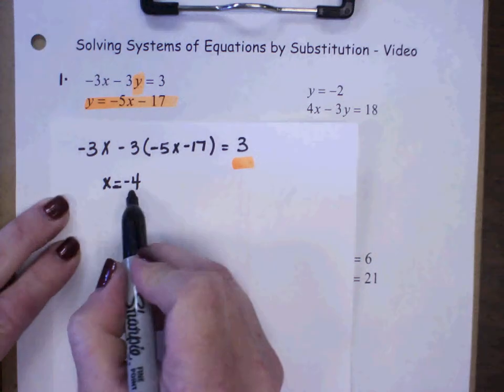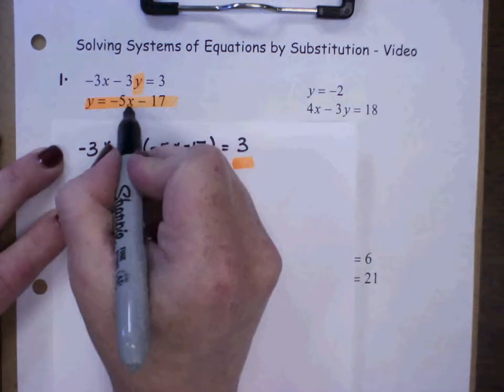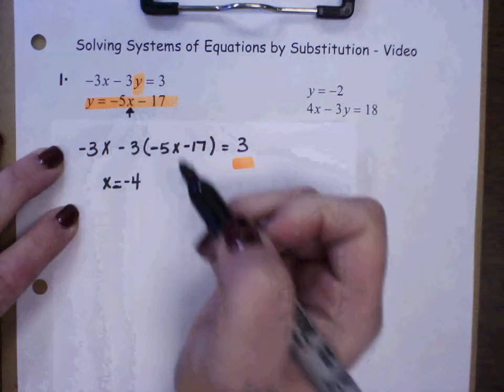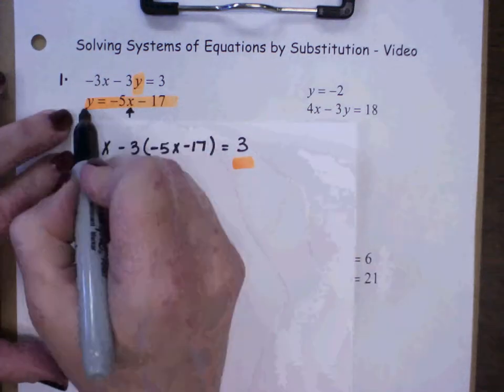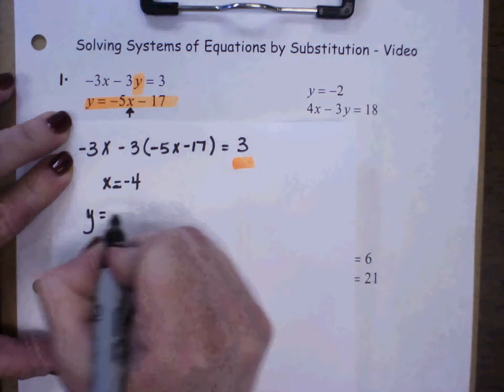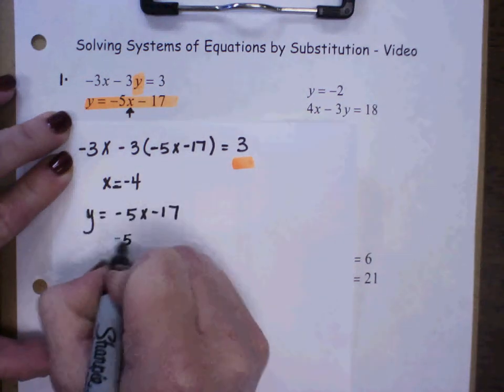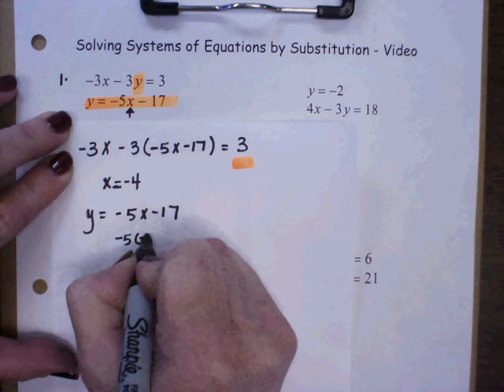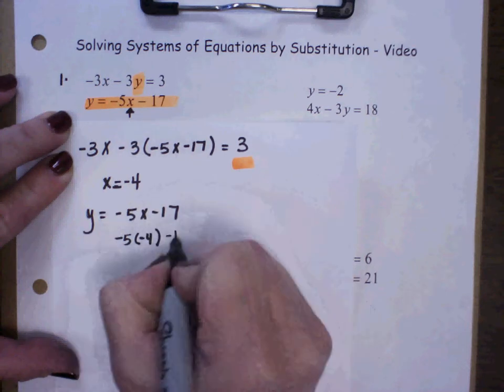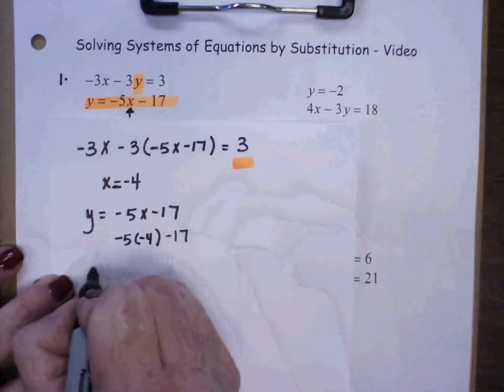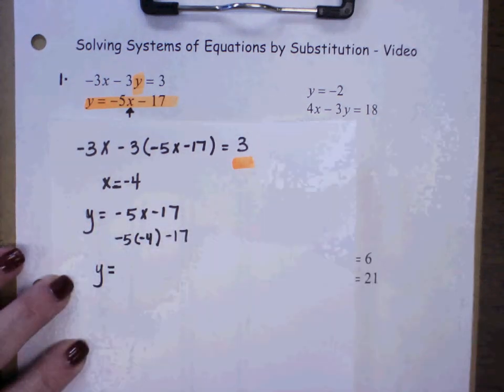Now to figure out the value of y, I'm going to come over here and plug in that value so that I can figure out y. So if y equals negative 5x minus 17, it's going to be negative 5 times negative 4 minus 17. All right?